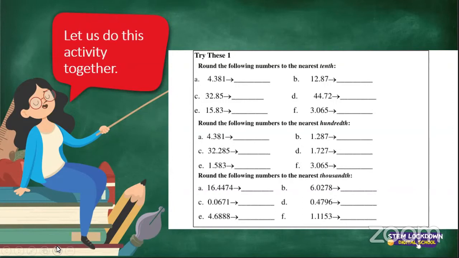What is the answer for the nearest 10? 4.4. Thank you, Nubo and Bonche. The answer is 4.4. And for B, 12.9.